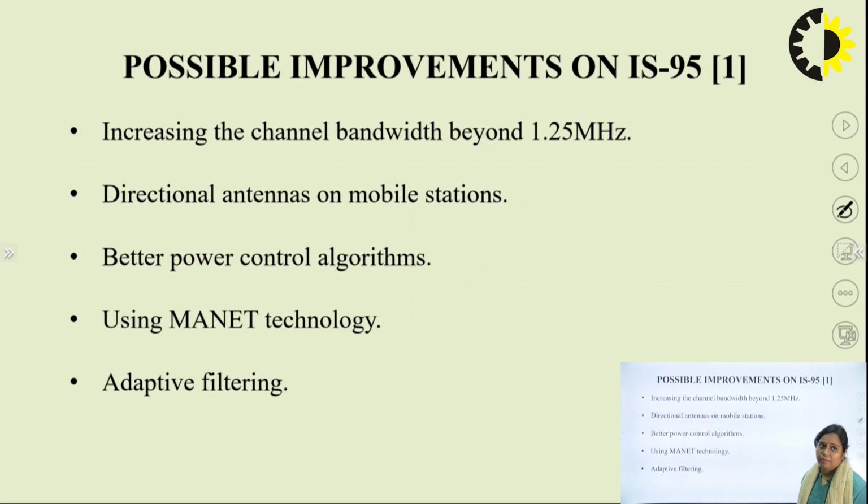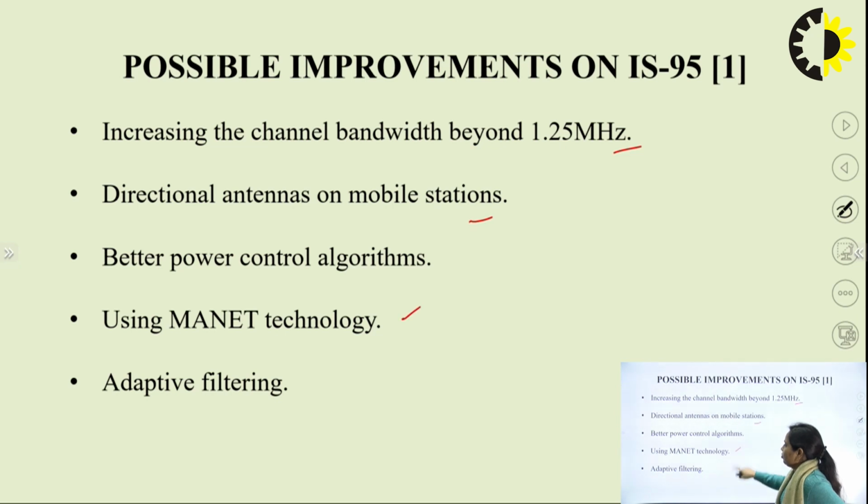Now next are possible improvements on IS-95. First one is increasing the channel bandwidth beyond 1.25 megahertz. Next, directional antennas on mobile stations can be used, because the gain of a directional antenna is quite high compared to omnidirectional antennas.